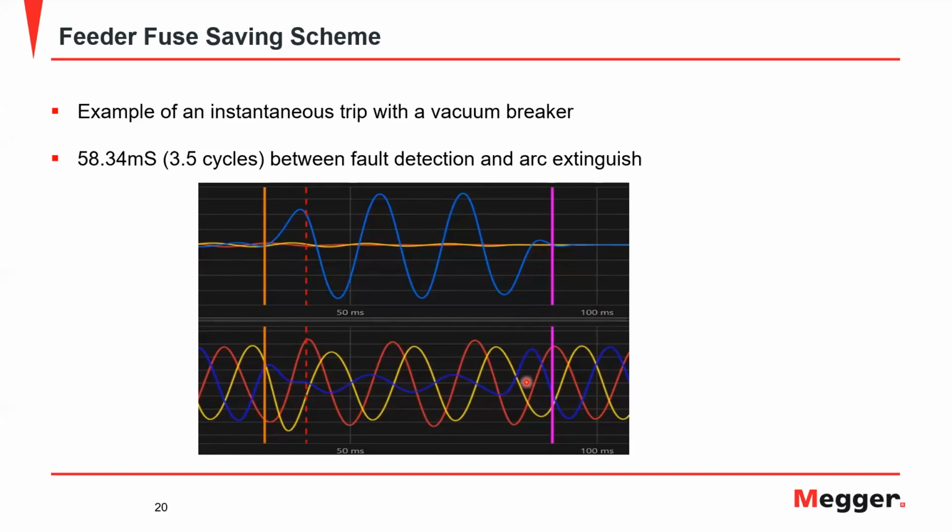Then finally, the breaker starts to come open, the arc starts to go out, and right here you can see where it's extinguishing. And then in the post fault, you can see truly that there's zero current, and you can see this zero current compares to very slight load current. You can also see healthy voltage has been restored. So we had about 3.5 cycles of unhealthy voltage and high fault current.